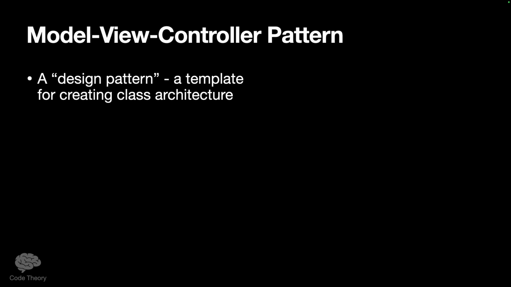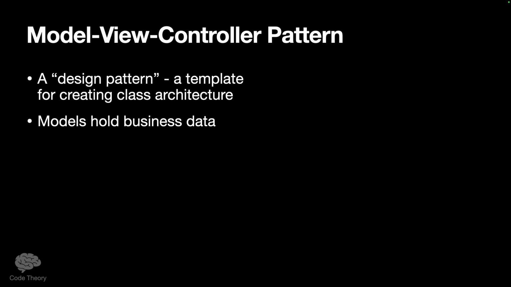UIKit uses MVC very explicitly and very strongly, constantly everywhere. It's very hard to write a UIKit app using a different GUI design pattern than MVC. Other ones include MVVM or whatever, right? There's a bunch of them, right? But MVC is what you use for UIKit.